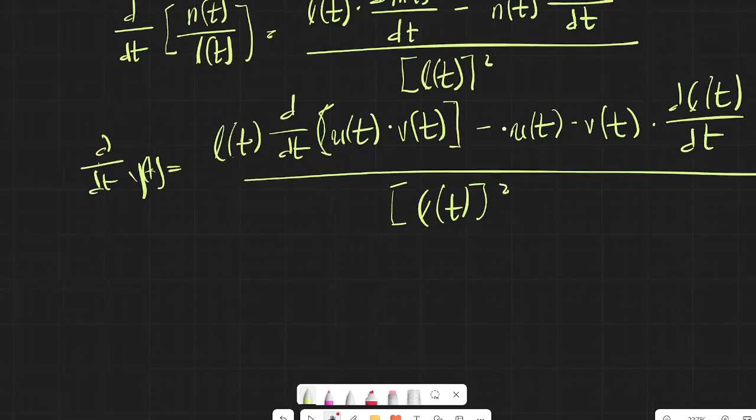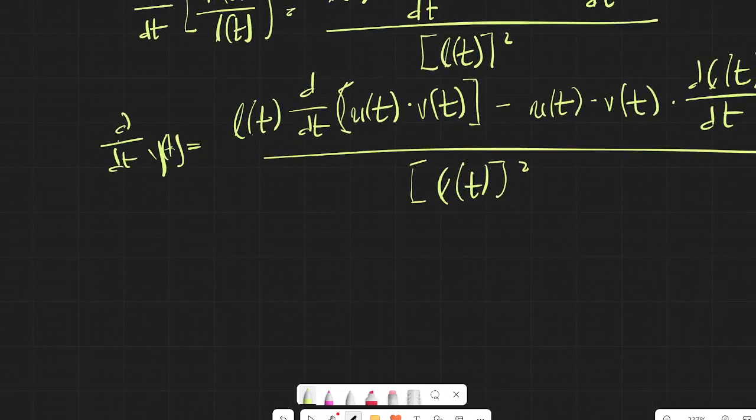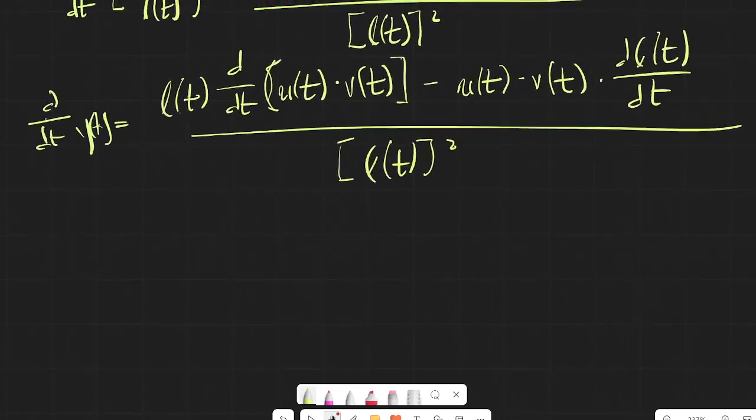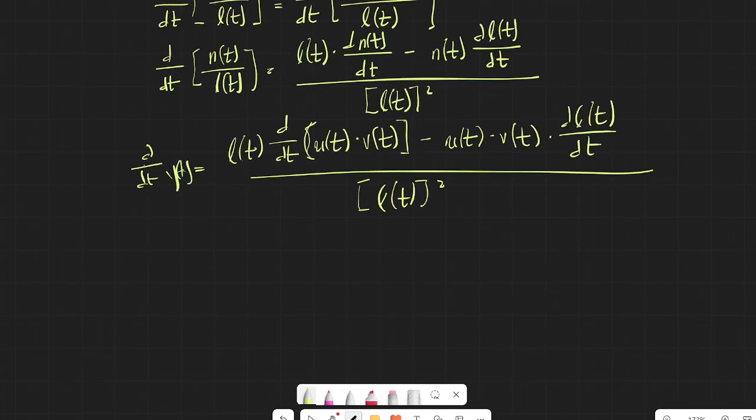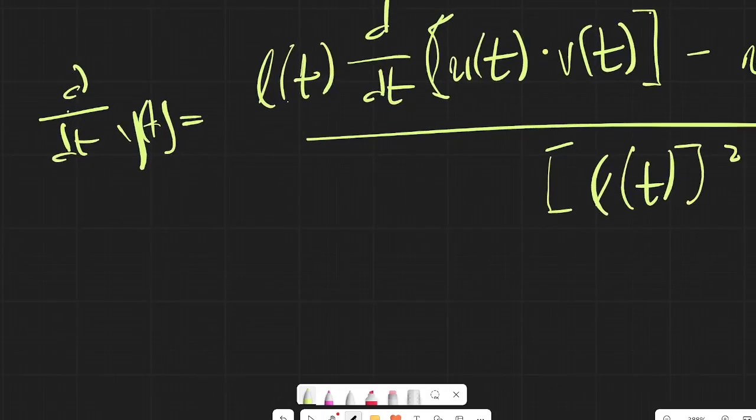And so let's switch back to our variable now that we have our variable x. Now that we have the structure of this thing down, we can actually just write this all in terms of x. So I'm just going to do that right now.